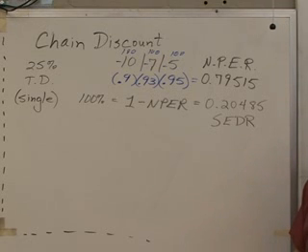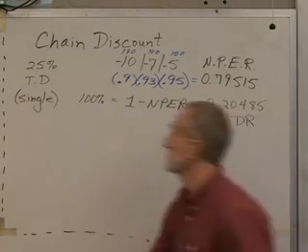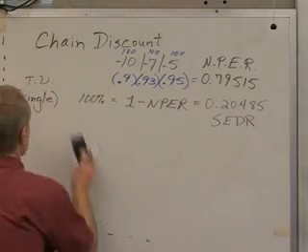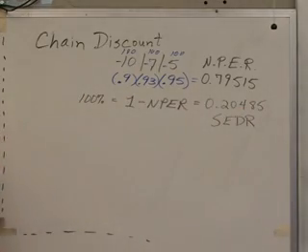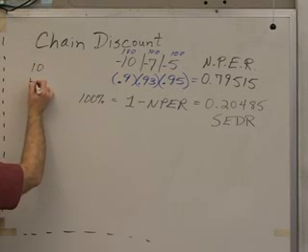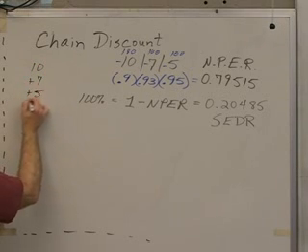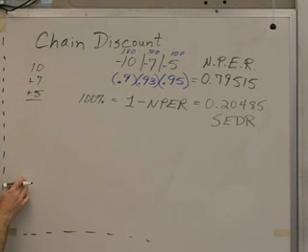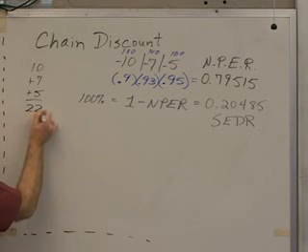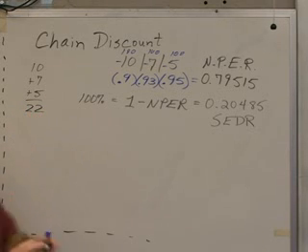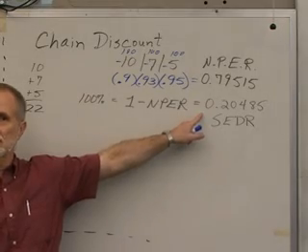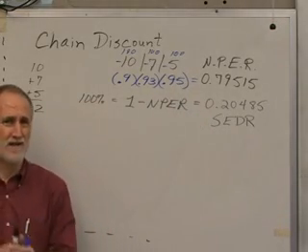Now, notice that 10 plus 7 plus 5 is how much? 22. Did we actually save 22%? No. Why not?